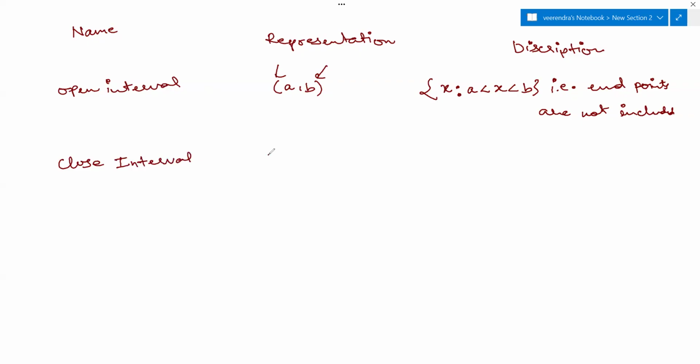For closed interval, we will use square bracket. Okay. And the description will be x is such that x lies between A and B. It means that endpoints are also included.